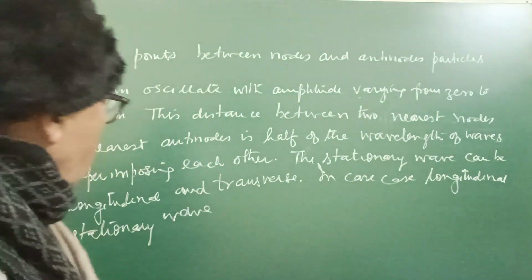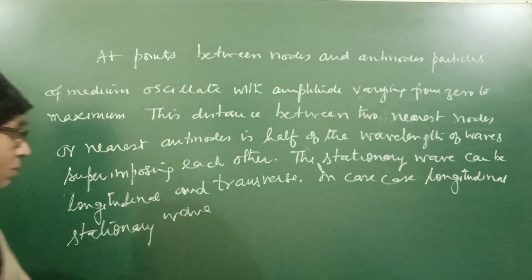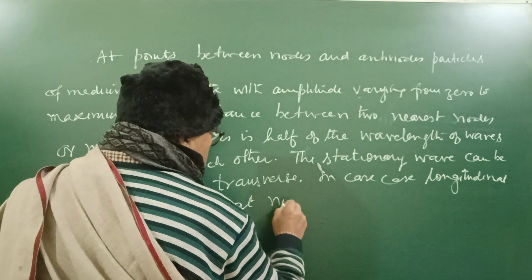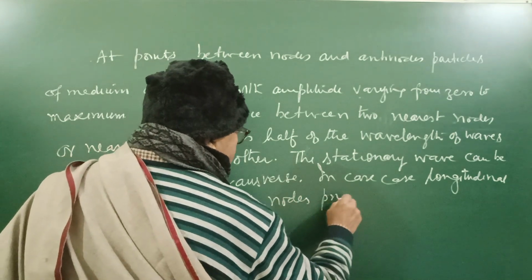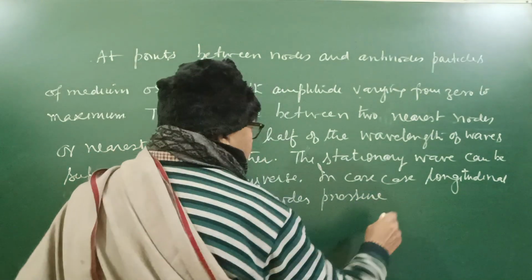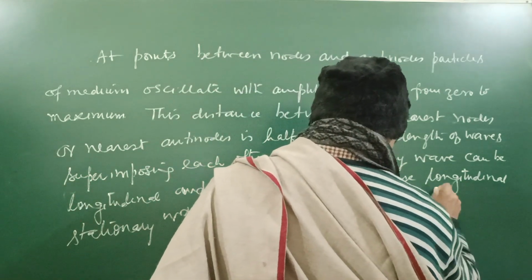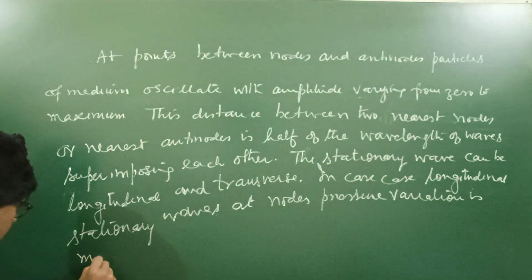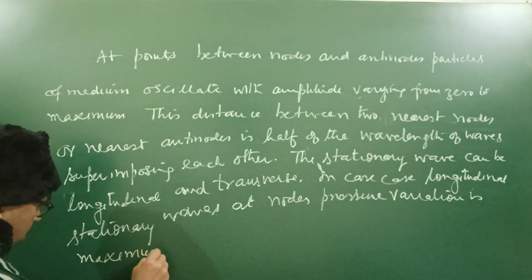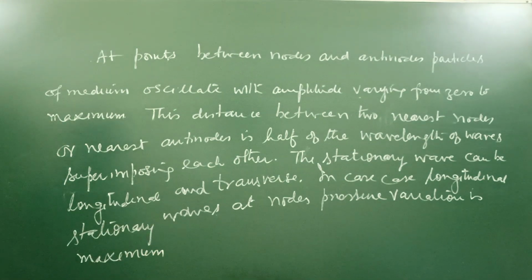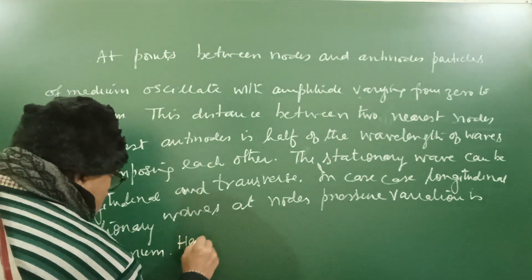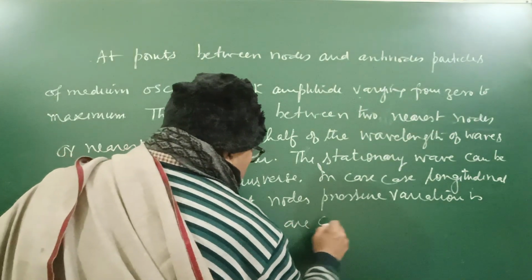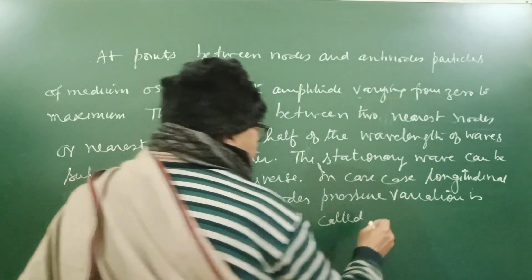In longitudinal stationary waves, at the nodes the pressure variation is maximum, and hence nodes are called pressure antinodes.